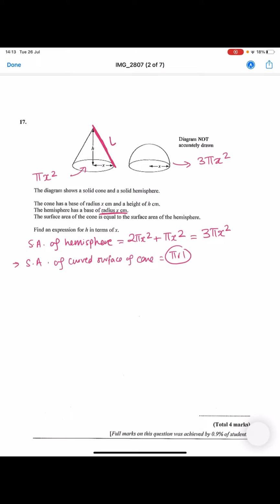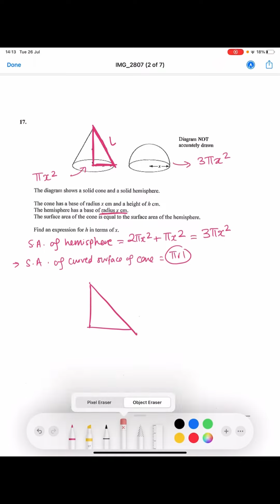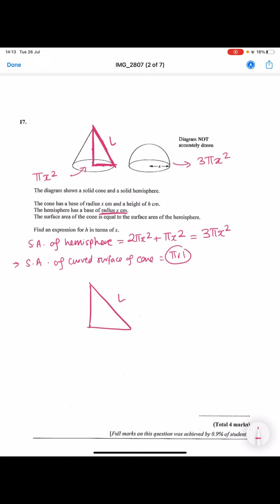If I get rid of these circles and if I join the height with the base, I get a right angle triangle. Okay, so let me redraw that out. So we've got L, we've got x, and we've got h.